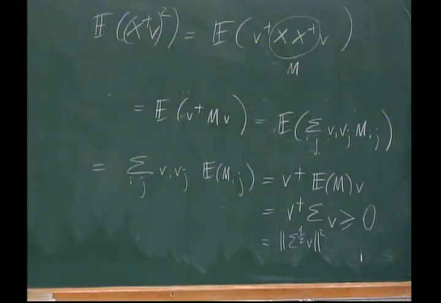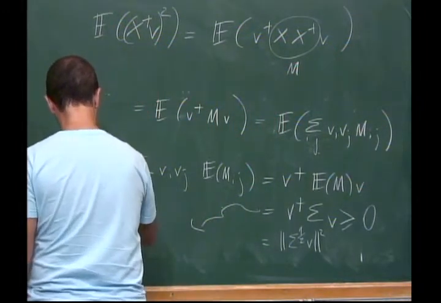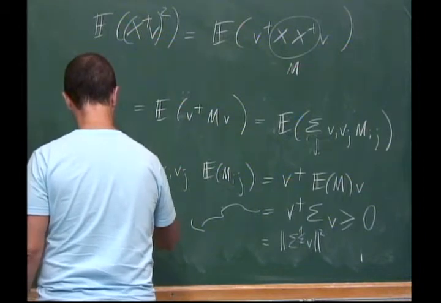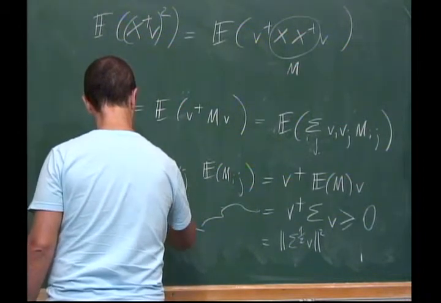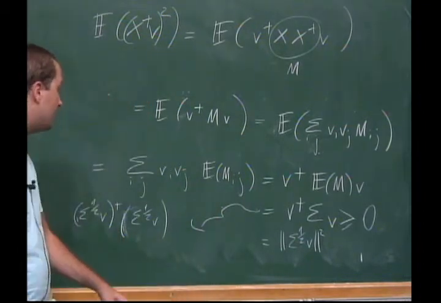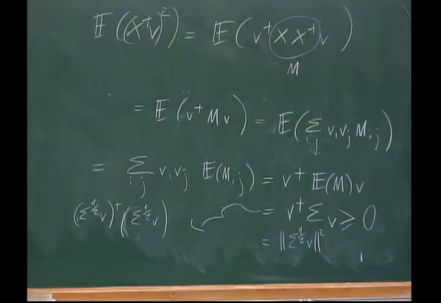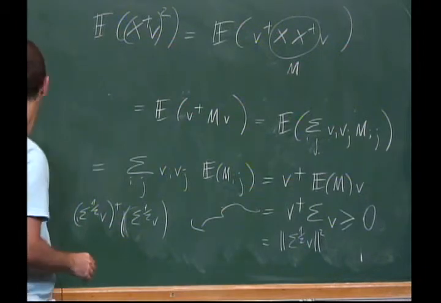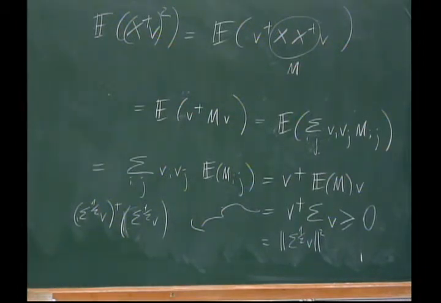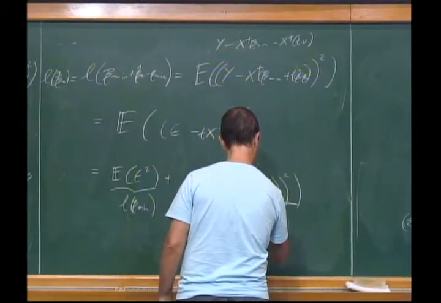Right. All I'm saying is that this expression here is just the inner product of sigma^(1/2) v with sigma^(1/2) v. So I'm using the fact that not only do you have a square root, but it's a symmetric square root for sigma. So in fact this expression is just the norm of this symmetric square root applied to beta hat n minus beta min.